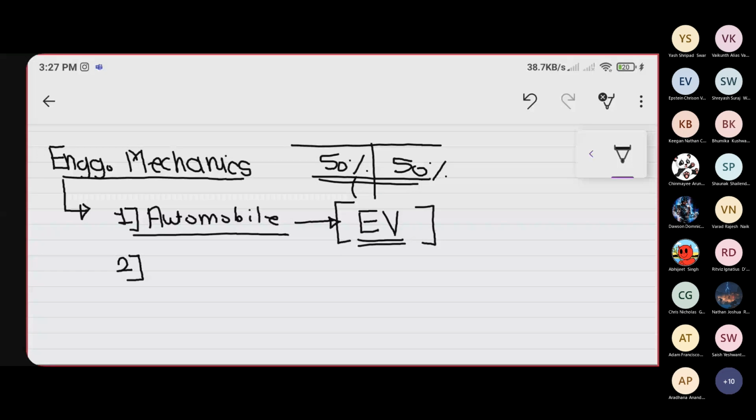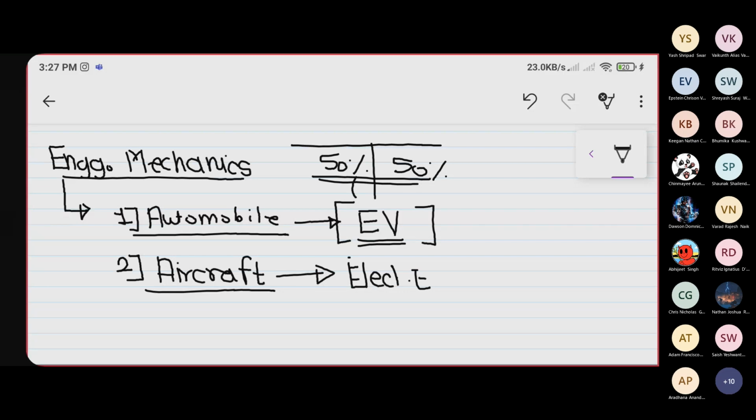Then next one will be the aircraft or aviation industry. Now from your landing gear to your sensor, each and every part, electronics engineers are a must, again with mechanical engineering.